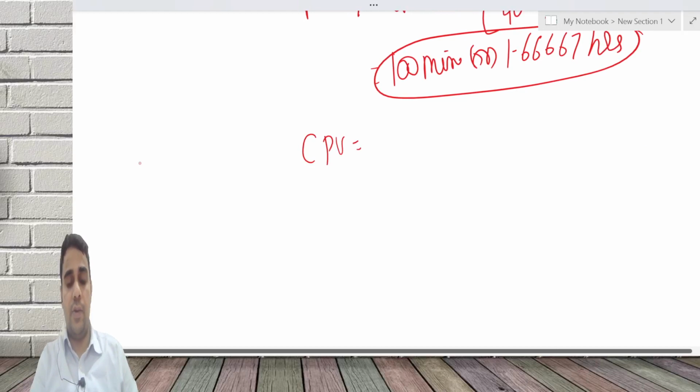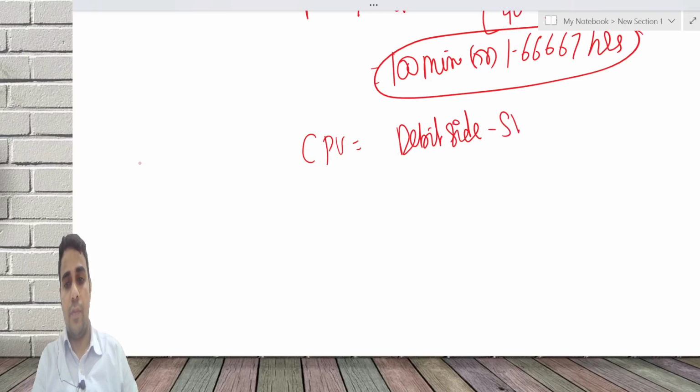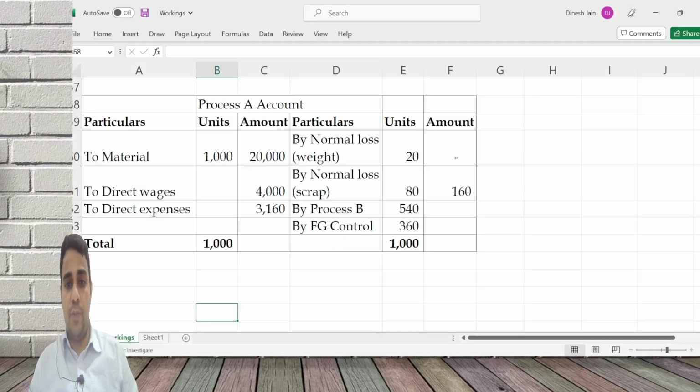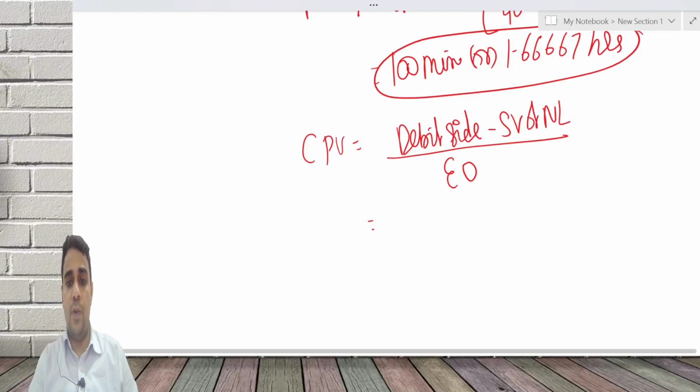Cost per unit is equal to debit side minus sale value of normal loss divided by expected output. Debit side total is 27,160.